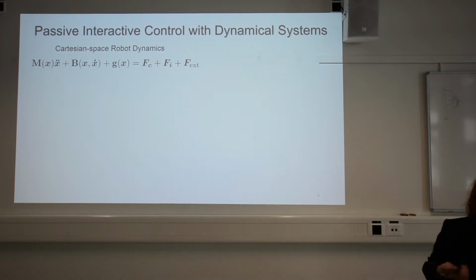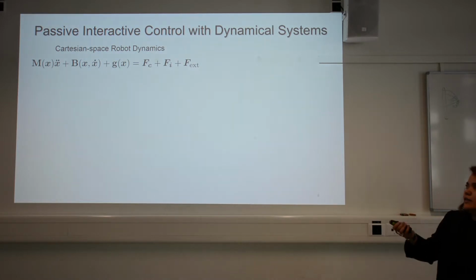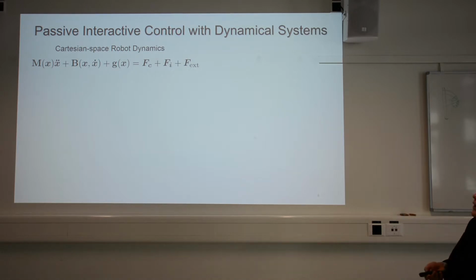Let's consider these Cartesian space robot dynamics, where Fc is the desired control, Fi are the inverse dynamics forces, and Fx are the external forces. This is the centrifugal and Coriolis forces, and also gravity. Here we assume that this vector is compensating for these two.